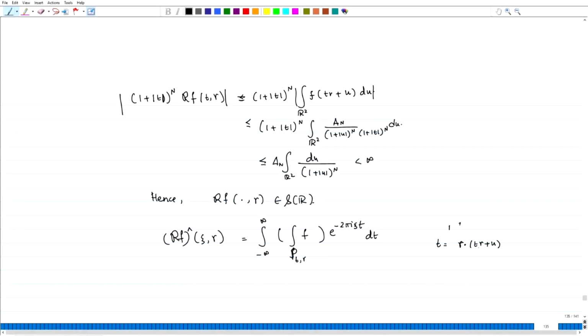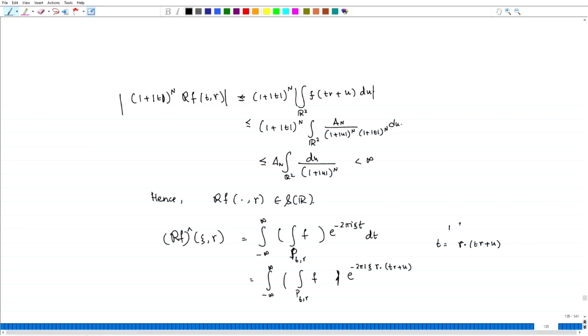Therefore, gamma dot gamma is 1, since this is a unit vector, and gamma dot u is 0, so this just gives me t. So, in place of t in e to the power minus 2 pi i xi t, we can write gamma dot t gamma plus u.